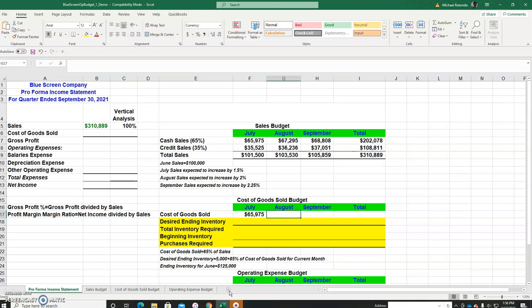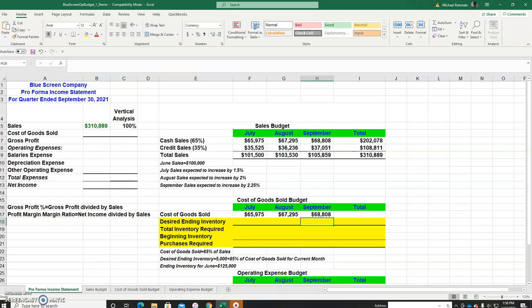We're going to do 103,530 times 65%, or 0.65. And then we'll do the 105,859 times 65%, or 0.65.